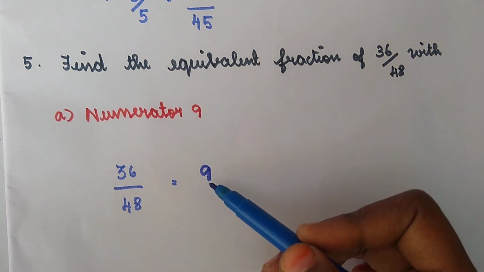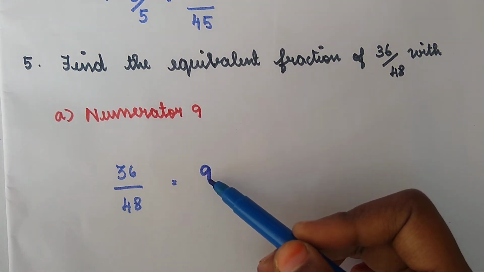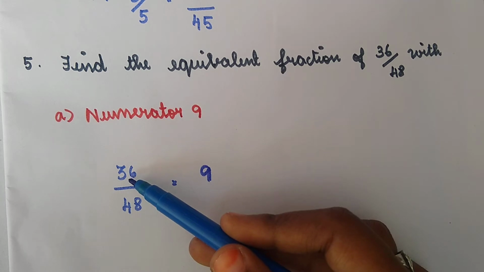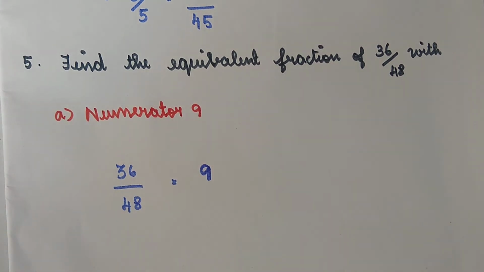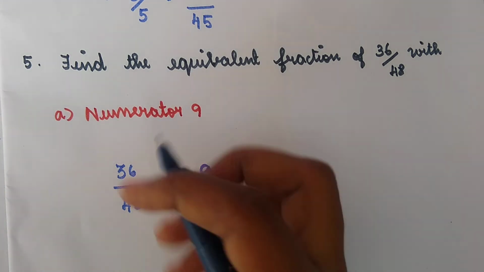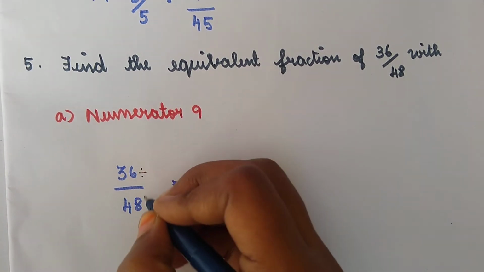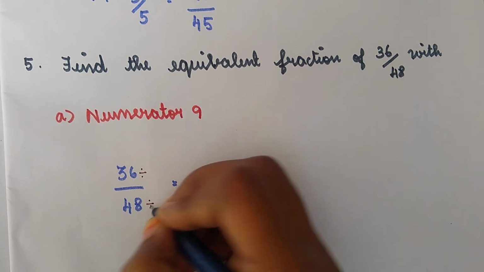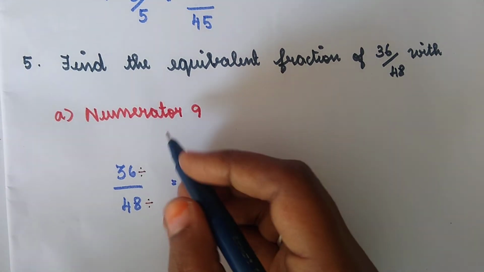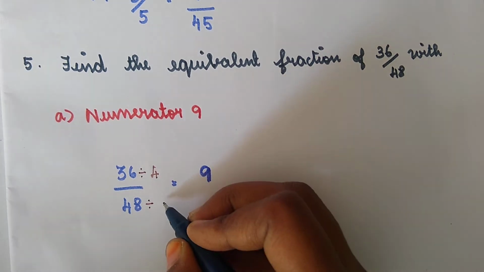See, here 9 is smaller than 36. So we have to divide both numerator and denominator. So we have to divide by 4.